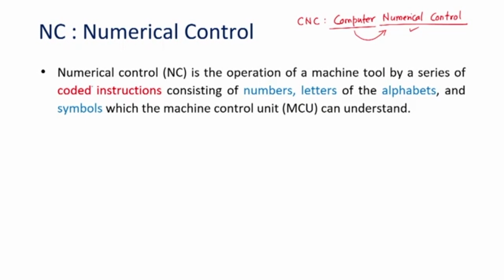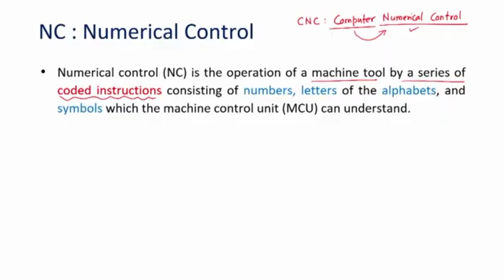Numerical control is the operation of a machine tool by a series of coded instructions. So numerical control is the control operation of a machine or a set of mechanisms, and this control is carried out by executing coded instructions, following instructions which are in certain codes.